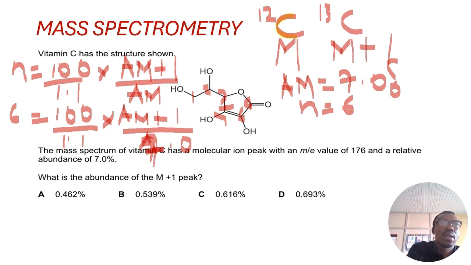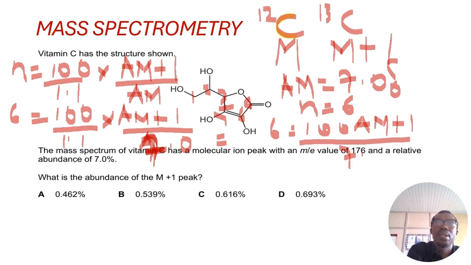We want to calculate the abundance of the molecular ion plus 1 peak. So we now have 6 equal to 100 times the molecular ion plus 1, divided by 7.7, because 1.1 times 7.0 gives 7.7. We cross multiply.